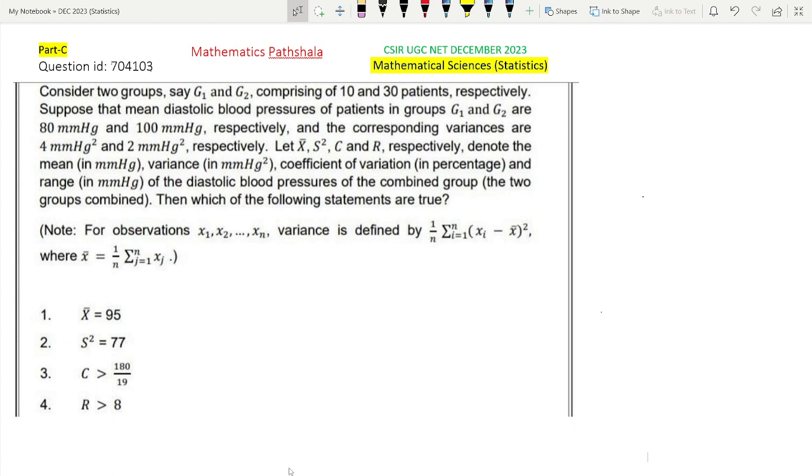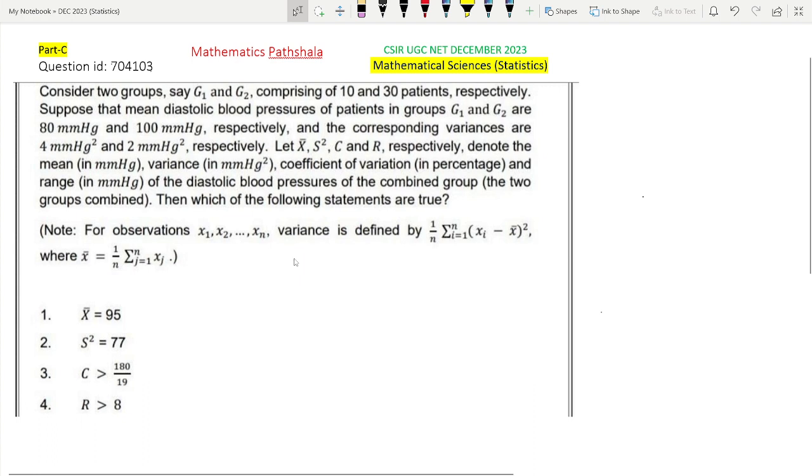So it is clear that this is the problem of combined group, combined mean, combined variance. So we find the combined mean, combined variance, combined coefficient of variance and range. So first we check x bar. Now what is the formula of combined mean?